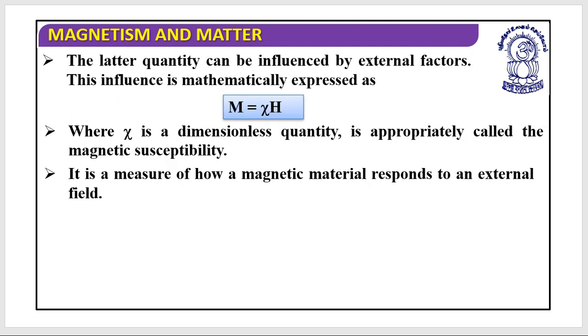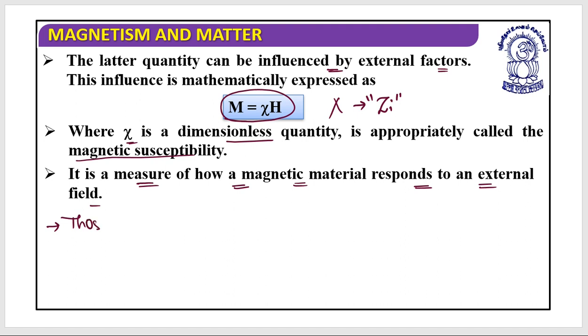The latter quantity, M, can be influenced by external factors, and this influence is mathematically expressed as M equals chi times H, where chi, a dimensionless quantity, is appropriately called the magnetic susceptibility. Susceptibility is a measure of how a magnetic material responds to an external field.